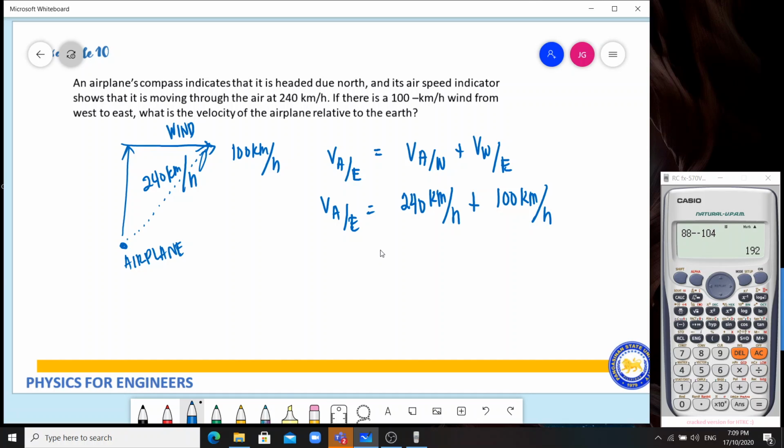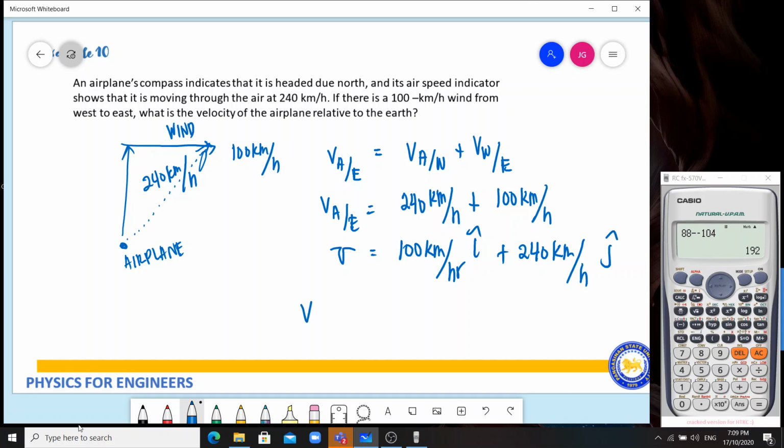Ngayon, kung titignan natin, ito, ang direction niya is pa-north. Ito, ang direction niya is pa-east. So, ito is kung i-vector natin, okay, yung 100 km per hour, ito yung I natin kasi horizontal siya, plus 240 km per hour. Ito yung J natin, 'di ba?